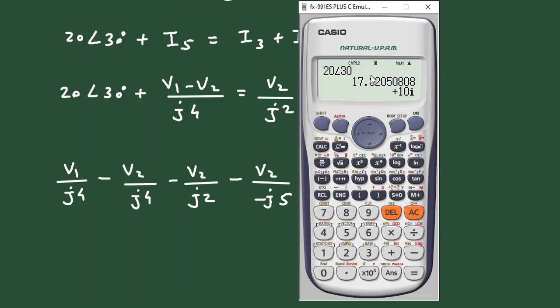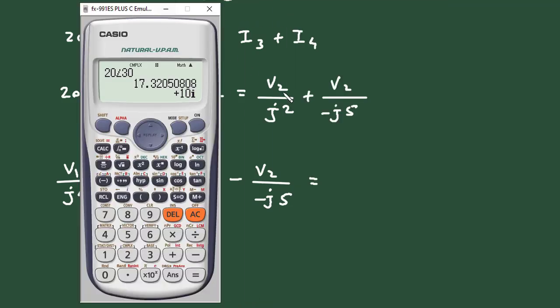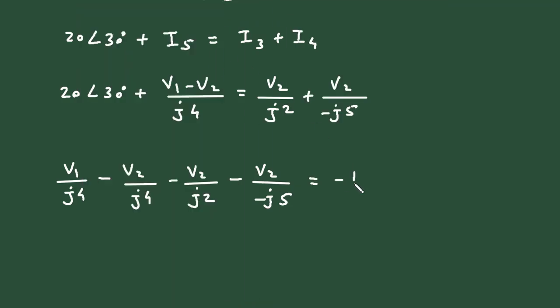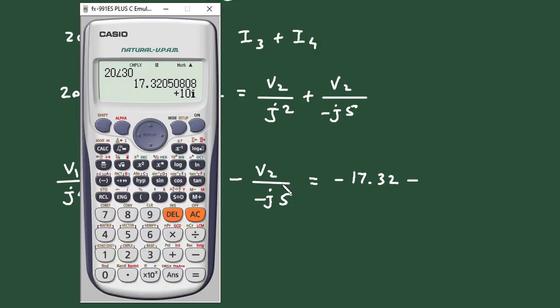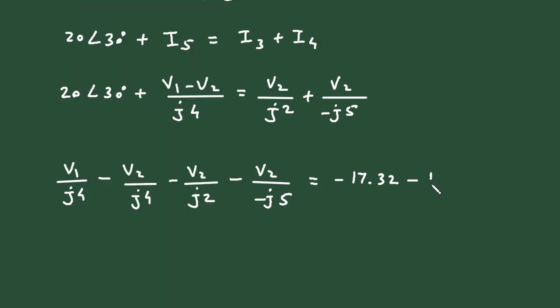In rectangular form it will be 17.32 plus 10J, so on the right side it will be minus 17.32 minus 10J.